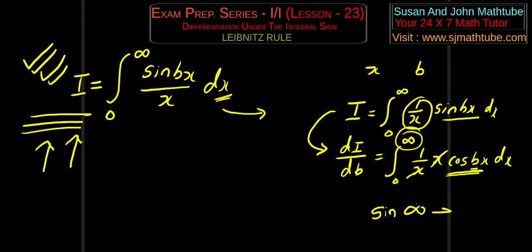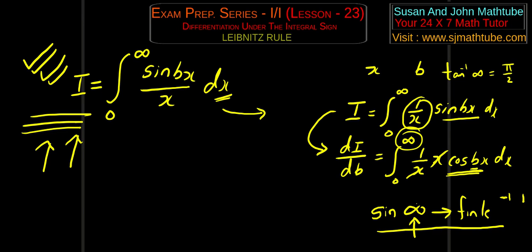We know sine infinity is a finite number, and we know that sine infinity is somewhere between -1 and 1, but no one knows the exact value. For example, if someone asks me what is tan inverse infinity, I can give the answer, it tends to pi by 2.